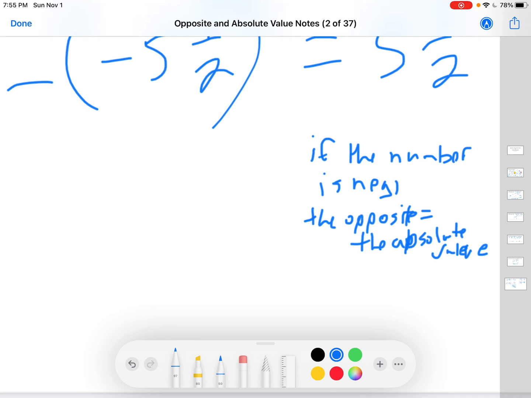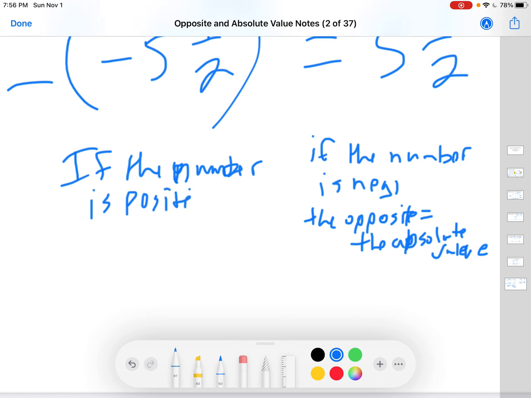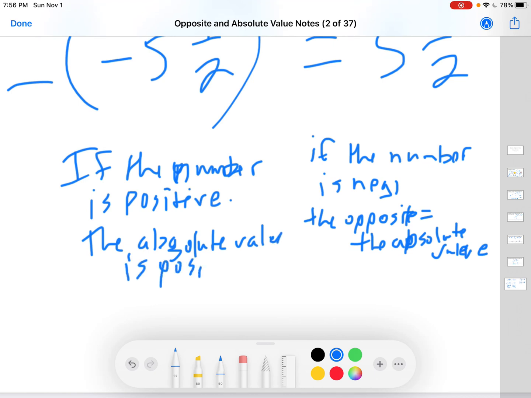If the number is positive, then the absolute value is positive but the opposite is negative.